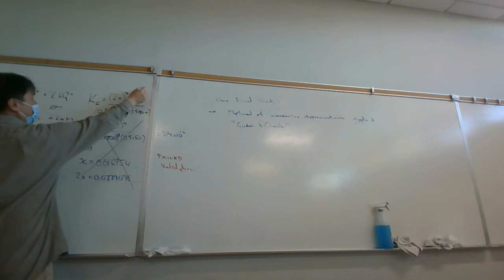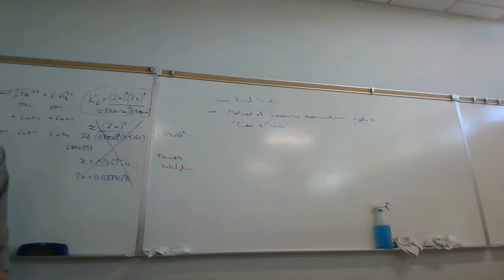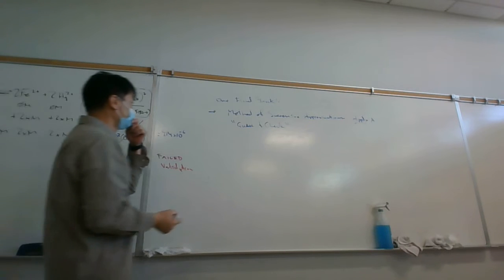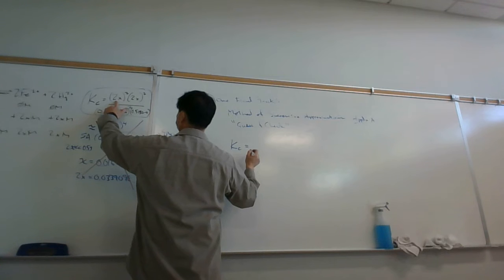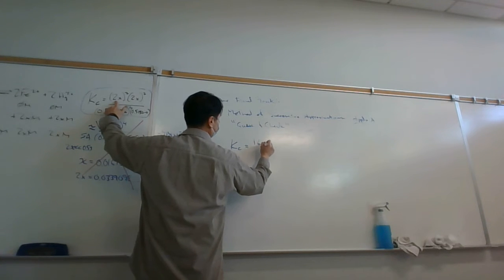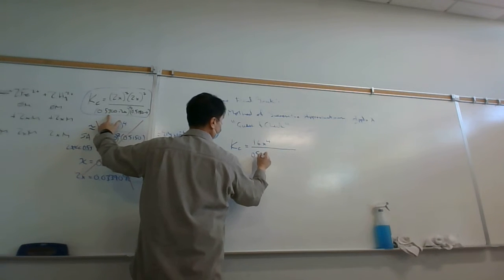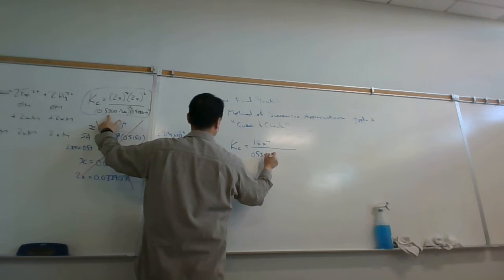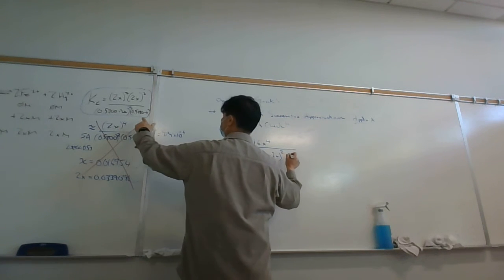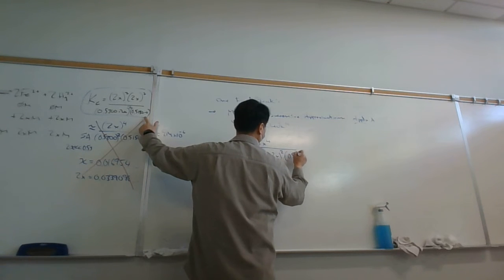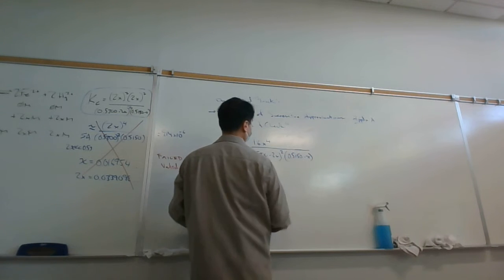This is also called the guess and check method. So what we're going to do is go back to this one. We could go back to either one, but this one just looks a little easier to use for the guess and check. And so we're going with Kc is equal to 16x to the fourth divided by (0.5300 minus 2x) squared times (0.5150 minus x).